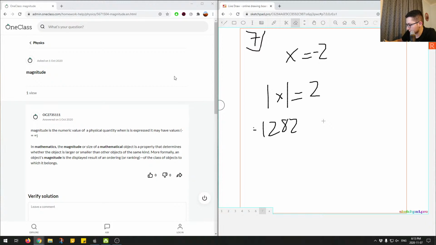If it was positive, the magnitude would still be the same. If it was negative, the magnitude of, let's call this y, so the magnitude of y. These bars right here represent magnitude. So the magnitude of y would be 1,282.